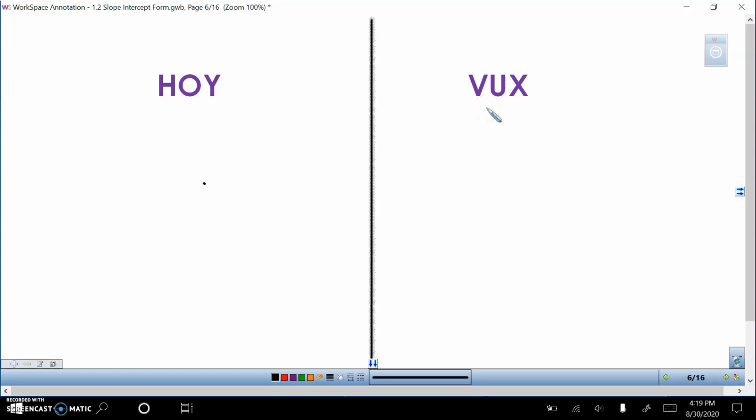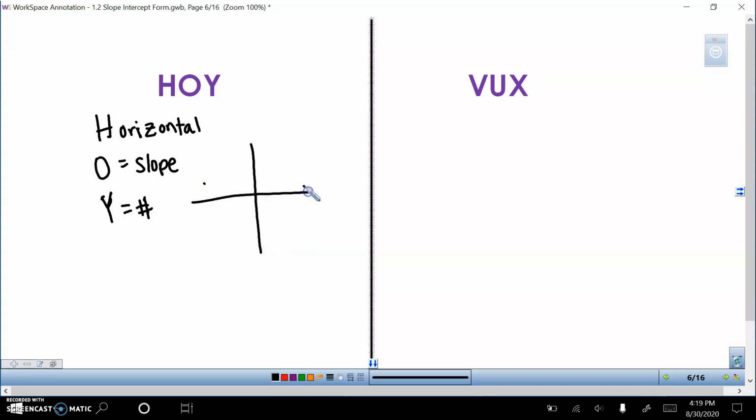So for HOY, the H stands for horizontal. The O means you have a 0 slope. And then Y, because it's y equals some number, is always the equation for that line. So that will give you a horizontal line every time.